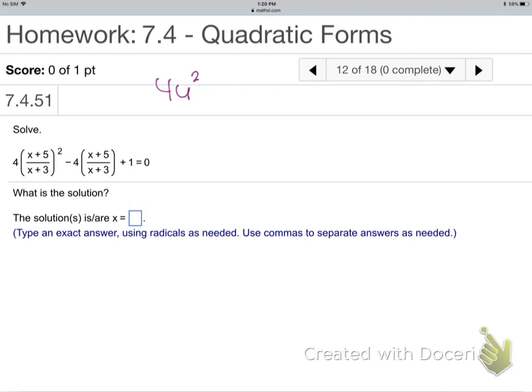So 4u squared minus 4u plus 1 equals 0. You could factor it, probably. Yeah, you could factor if you want to, or you could do the quadratic formula, whichever you prefer. Either one.